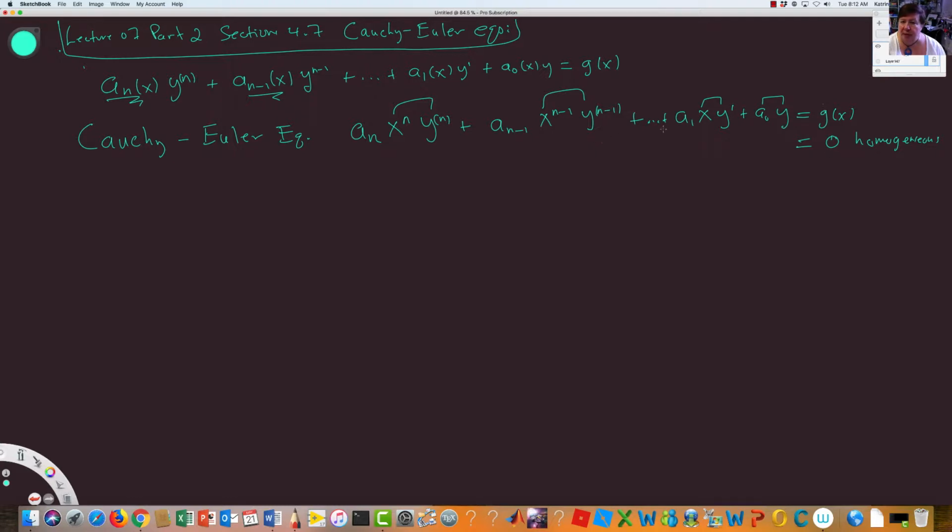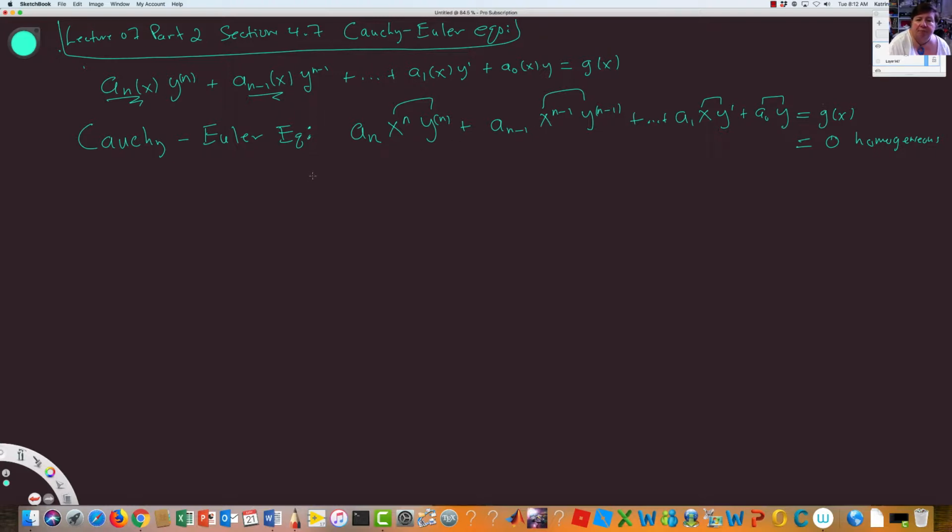If you have a way of getting that, and you will for Cauchy-Euler equations, then you can use variation of parameters to get your particular solution like we showed last time. It's very cool that in this type of equation you can solve for the complementary solution without some crazy series solutions, which we are going to learn about. I like series solutions, they're fun, but a lot of work.